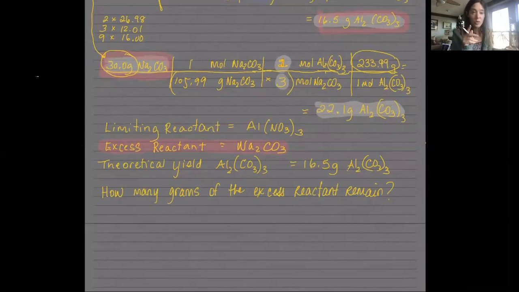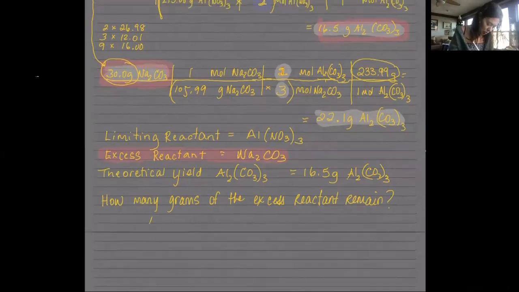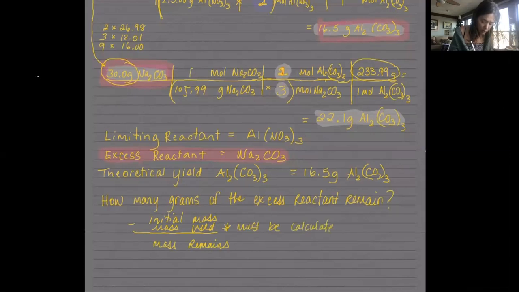And what I can't do is just subtract, right? I need to have my initial mass minus the mass used to get the mass that remains. And this right here must be calculated using stoichiometry.